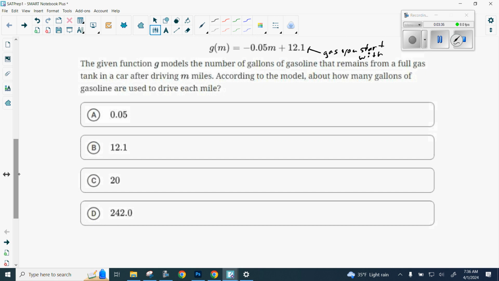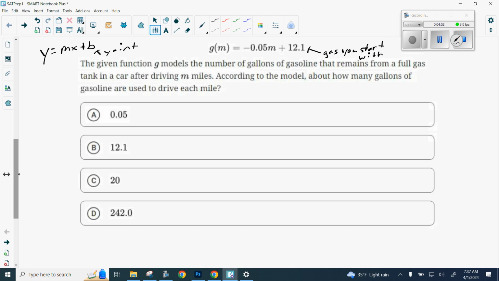If we're talking about the equation of a linear function, mx plus b, remember, this guy's your y-intercept. And your y-intercept is always your initial value, right? So the way I read this is this person has 12.1 gallons of gas in their gas tank, right?